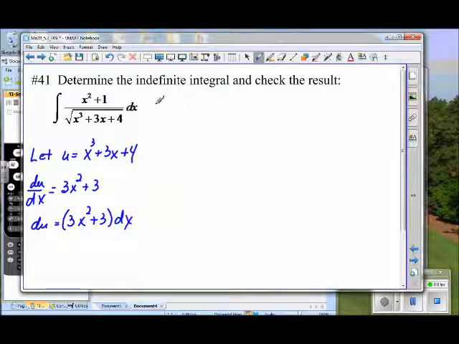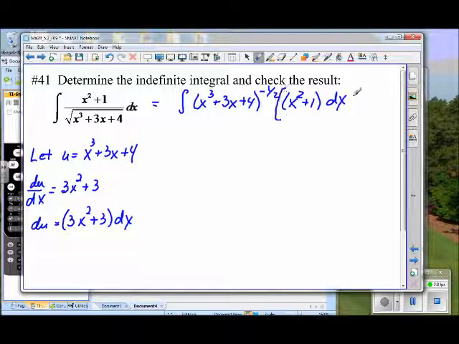And take a look up at our problem. Let's rewrite this. We end up with x cubed plus 3x plus 4 to the negative 1/2 power. And then we have x squared plus 1 dx. So if I look at this final part here, do I have the same thing down here?